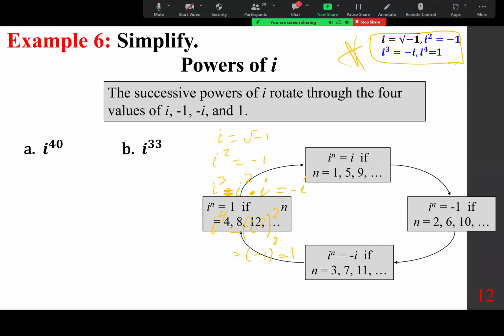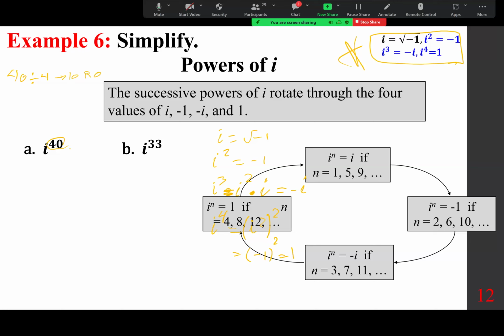I don't like this. I'm going to show you the easiest way to figure this out. You don't have to memorize any of it. What you do, you divide the exponent by 4. In this case, it gives you 10 with the remainder 0.